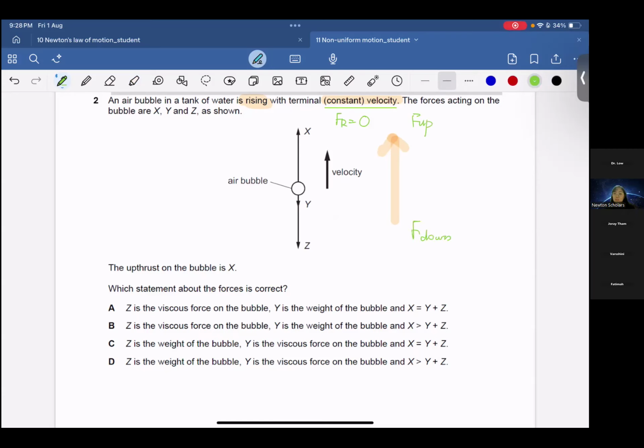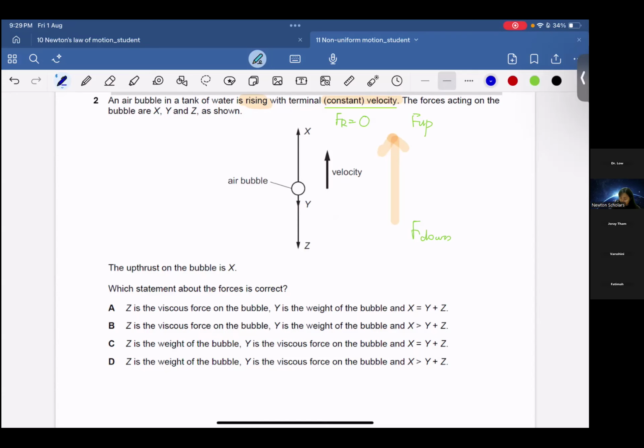Resultant force is 0, then upward force equals downward force. Boyang correct. Vito correct. Prasan correct. Kai Chen correct. Lydia correct.